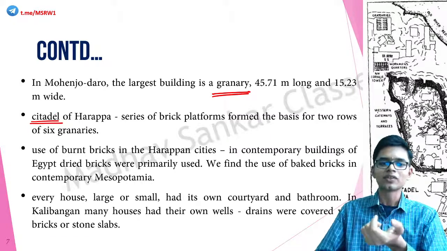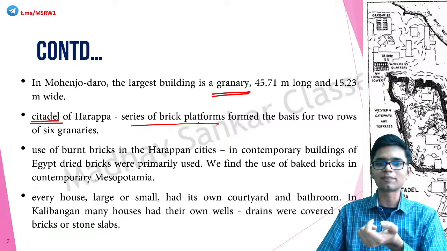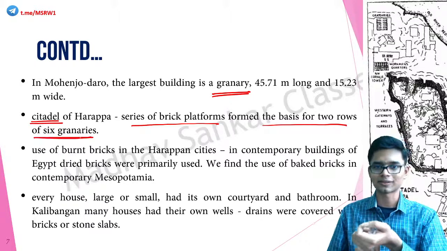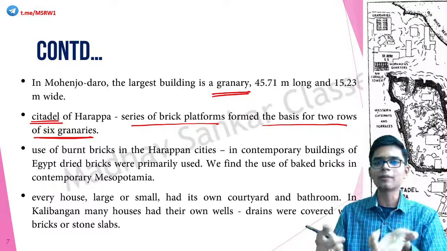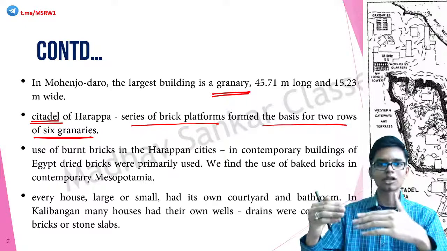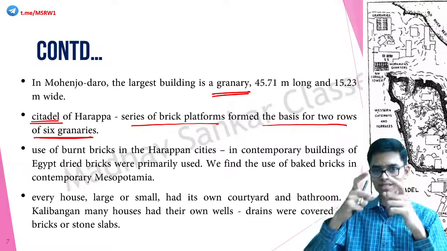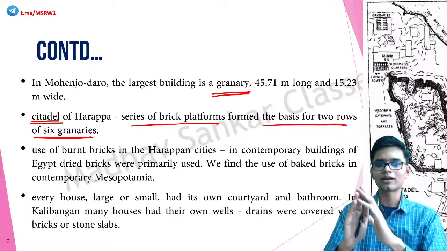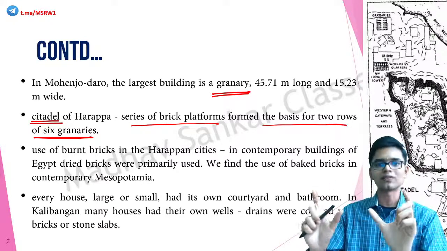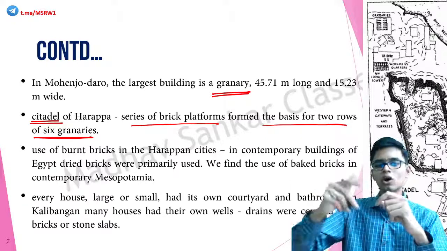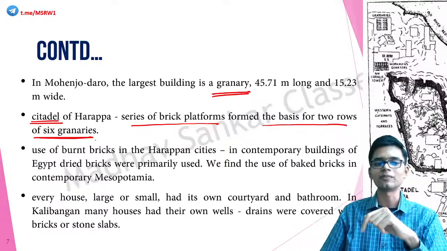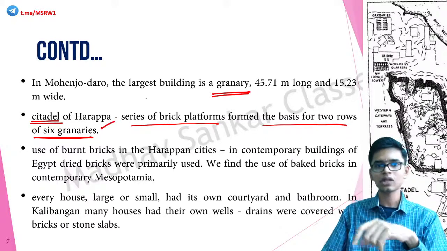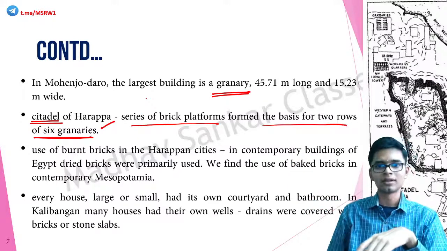Alright, so here we see a series of brick platforms that formed the basis of 2 rows of 6 granaries. I am not talking about the Harappan civilization, I am talking about the site Harappa. So in the site of Harappa, we come across 2 rows of 6 granaries each, a total of 12 granaries, located in the citadel portion.